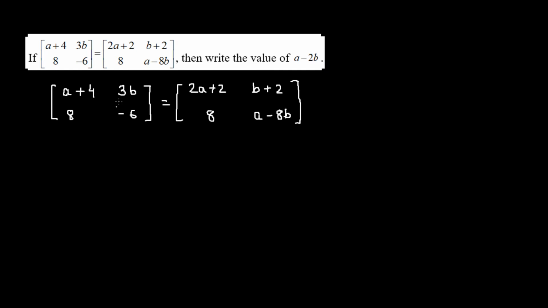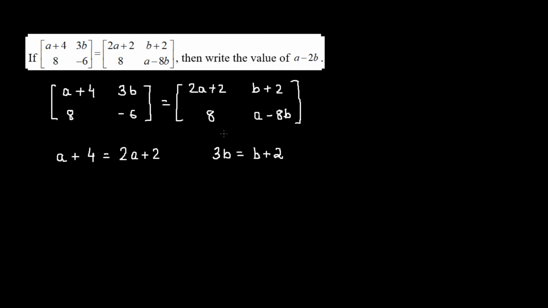Okay, so as the two matrices are equal, the corresponding elements are going to be equal. So we can write A plus 4 is equal to 2A plus 2. This will be the first equation. Then the second element, 3B of the first matrix, is equal to B plus 2, which is the second element of the second matrix.